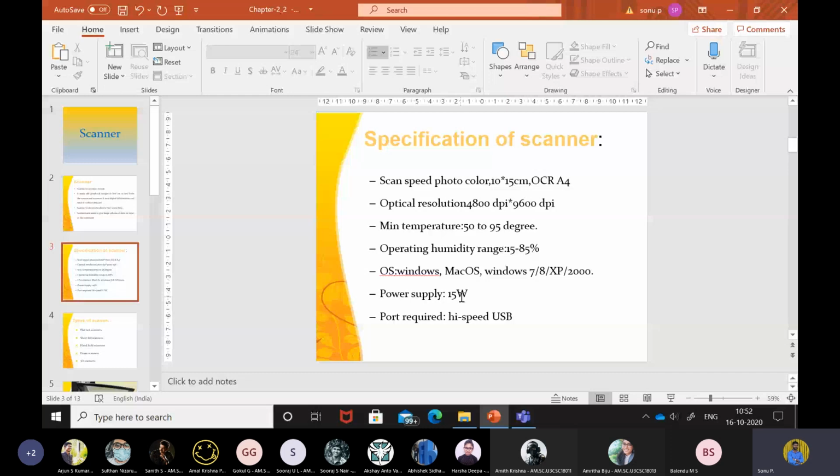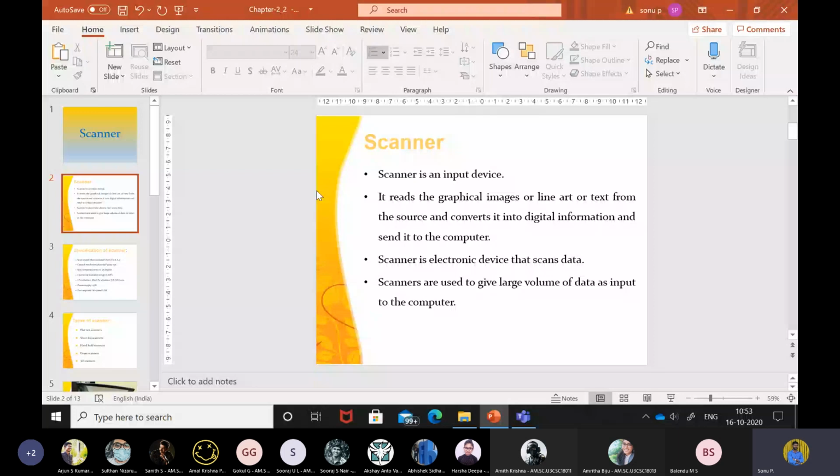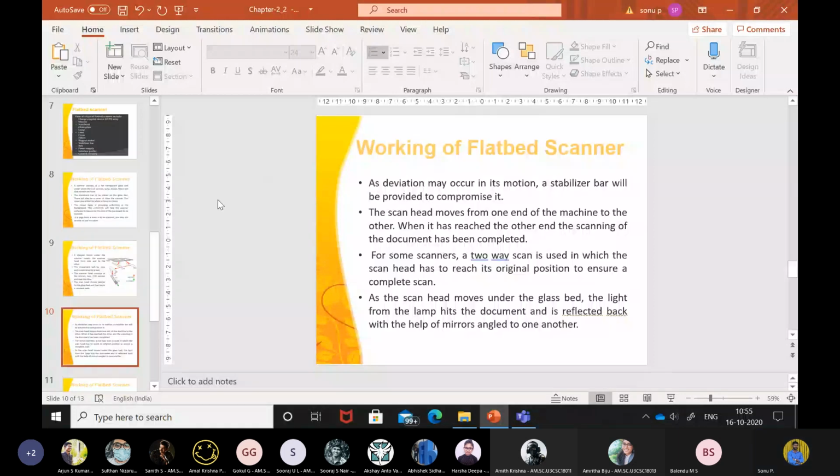Then the sheet fed scanner, in which how the light source grabs and scans the object and gets reflected is different. Only that will be different, but the internal components will be much more similar, or differ based on their arrangement.